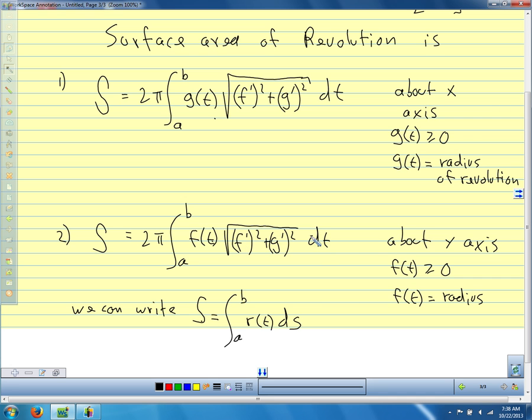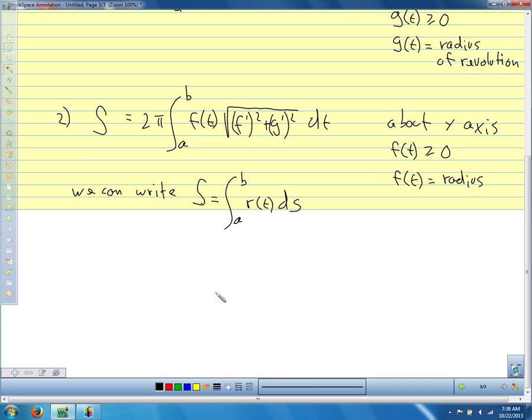So we're thinking of that as a little increment of arc length. And r of t is just our radius of revolution. And ds is this radical.